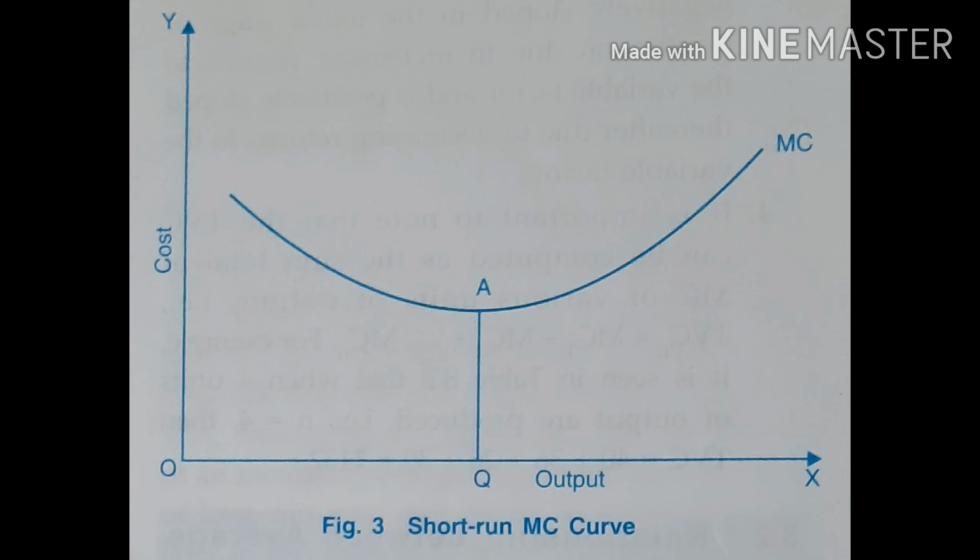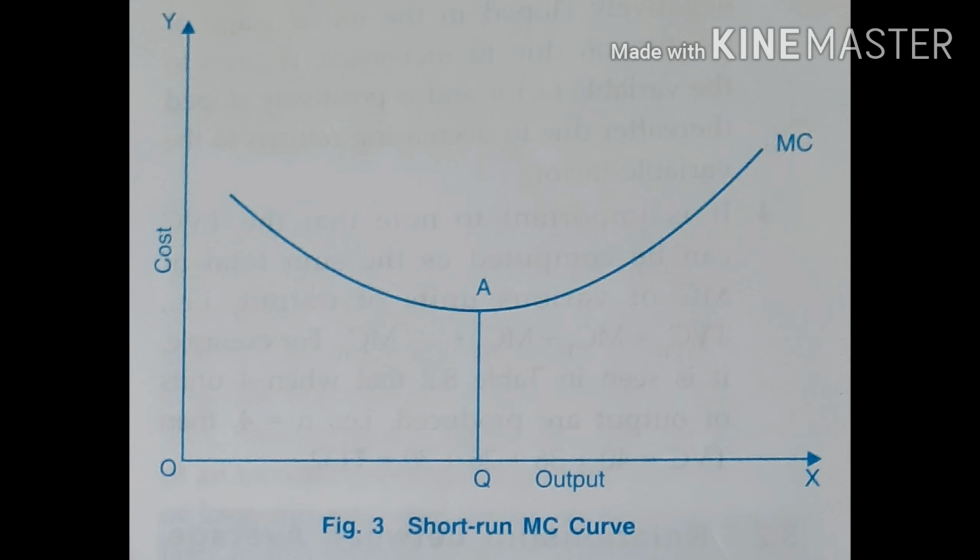This is easy to explain, since total cost exceeds the total variable cost by a constant amount, that is the amount of total fixed cost. The addition in total cost for one additional unit of output would be the same as the addition in the total variable cost. So the marginal cost curve derived from the TVC curve is the same as that derived from the TC curve. Therefore the MC curve is common to both the AVC curve and the ATC curve.